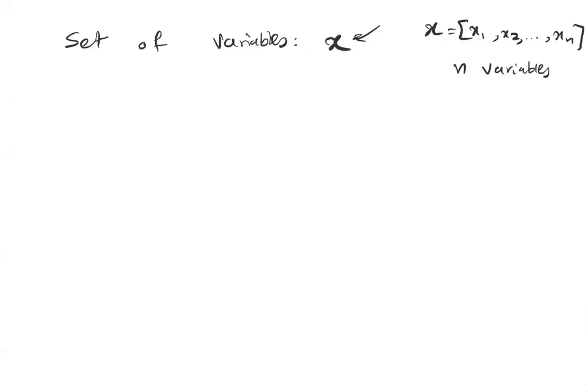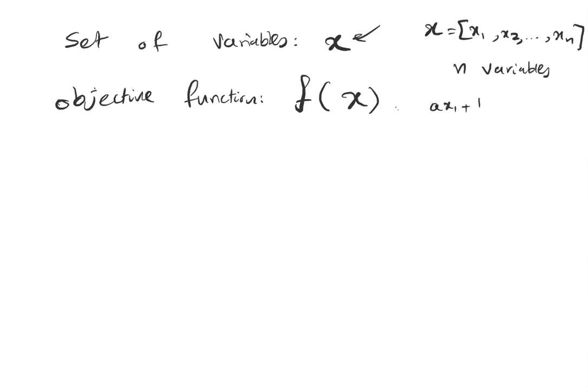And then we have our objective function. Your objective function basically is a function of all variables. For example, it can be a x1 plus b x2 plus h xn, and so on.